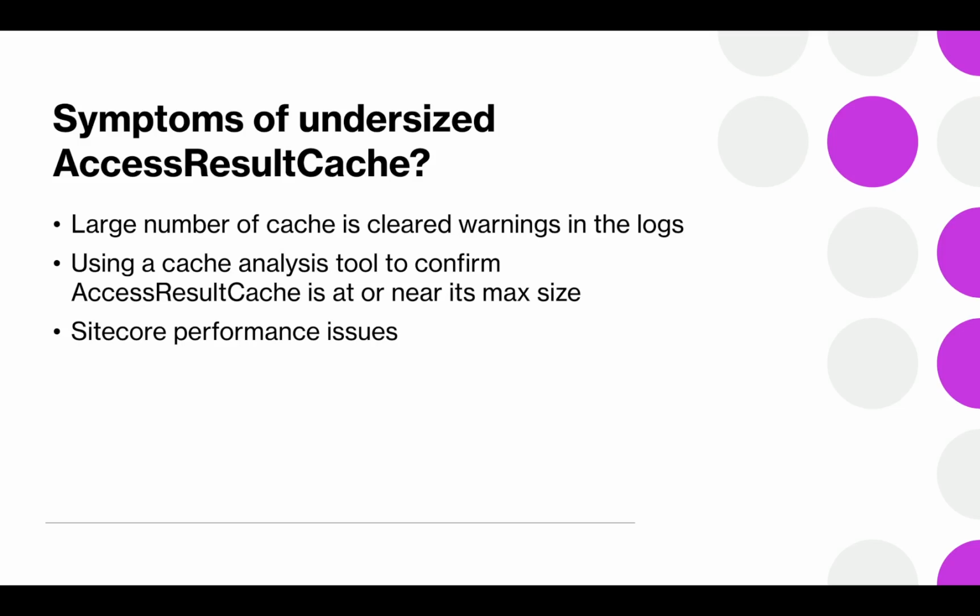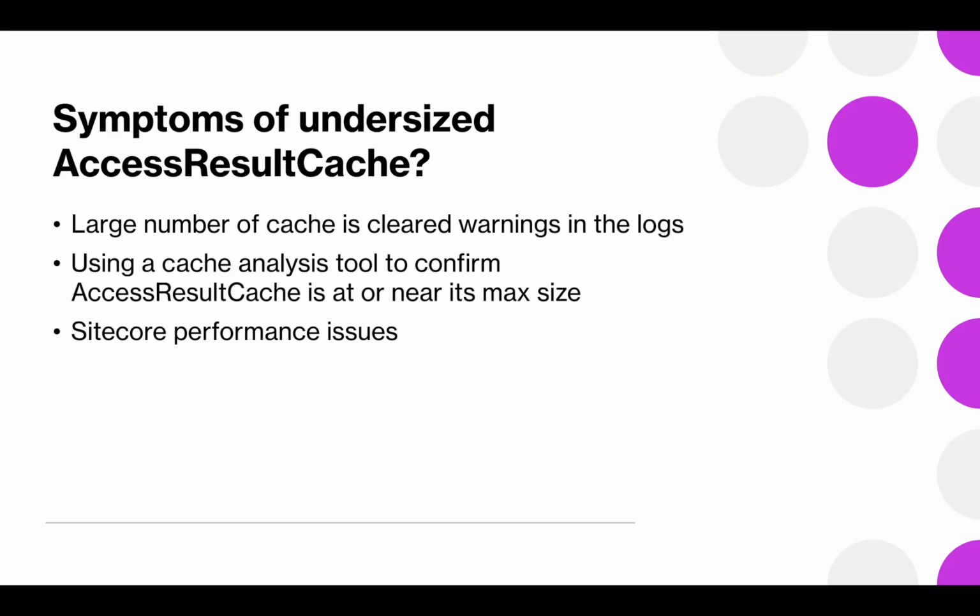Another way is to use a cache analysis tool to confirm access result cache is at or near its max size. Any tool will work. You can even use the Sitecore cache.aspx page, which generally works fine on the CM, content management, but it's a little trickier to access on the content delivery servers. But anything really will work.